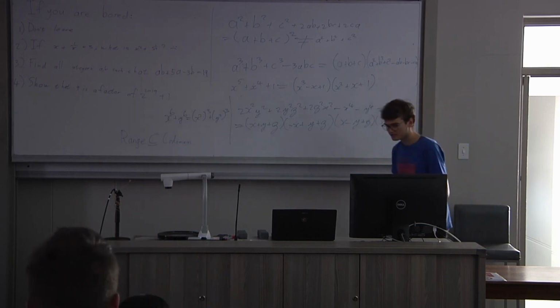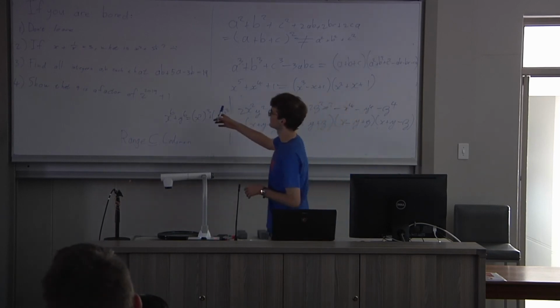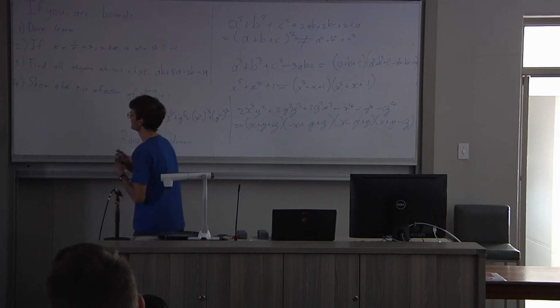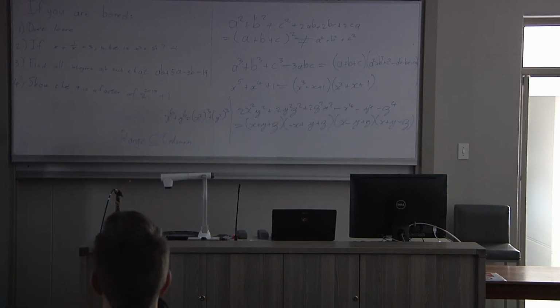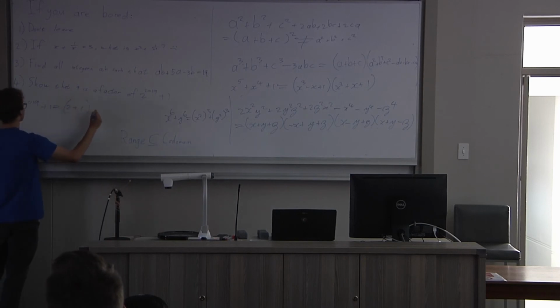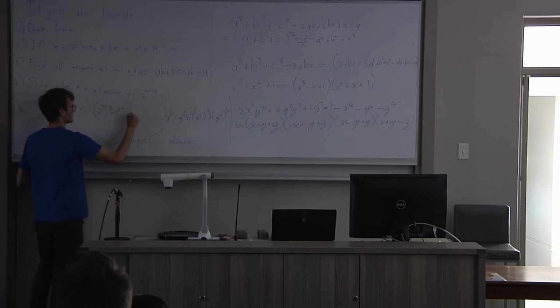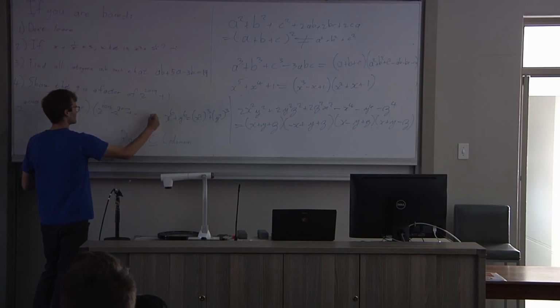Cool. I think that's all we're going to do today. Can you please just do question 4? Question 4. Okay, sure. So keeping in mind what we just learned about factorizations, you could do 2 to the 2019 plus 1 is equal to 2 plus 1 times 2 to the 2018 minus 2 to the 2017 plus so on until you get a plus 1.